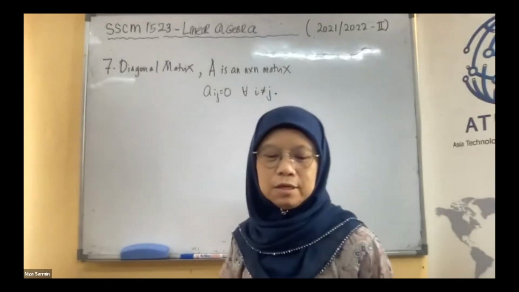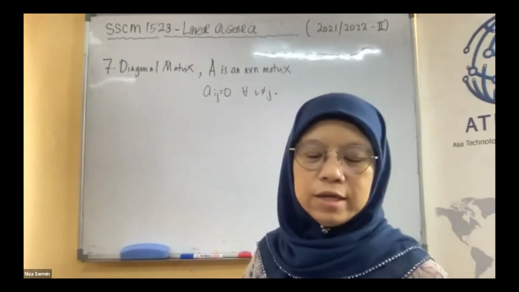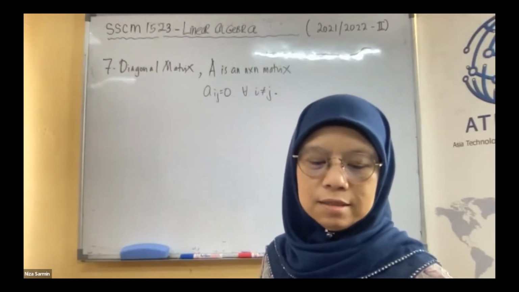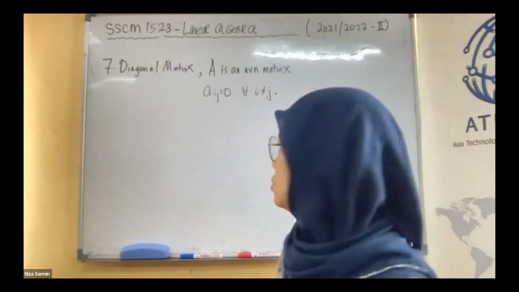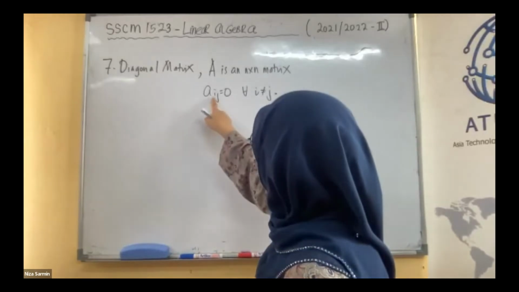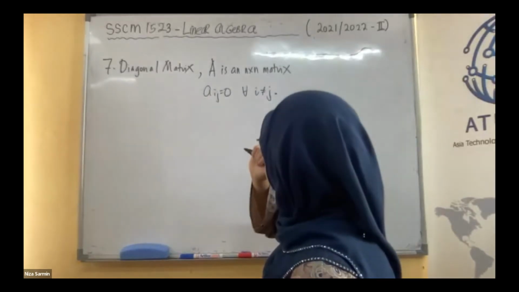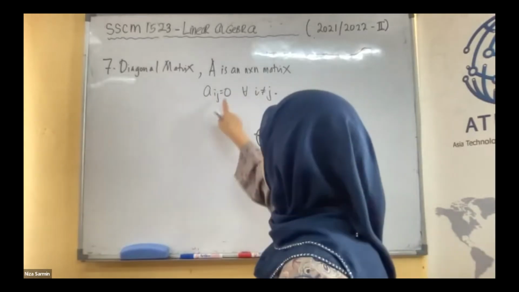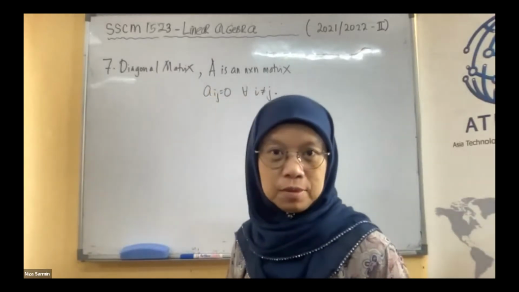This is the condition. So if Aij, i is not j, which is not on the diagonal, then it has to be 0.